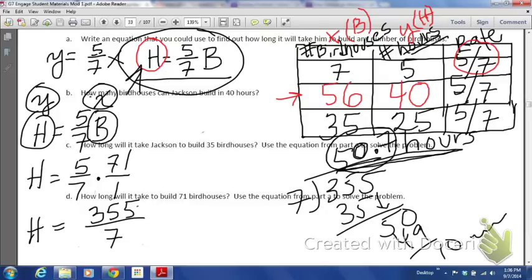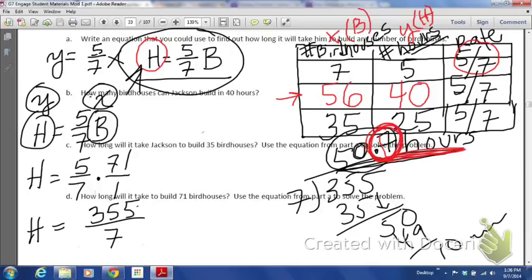Now 50.7 hours is indeed an answer, but when we're dealing with time, we want to be more specific. So this 0.7 here, this is what we need to work with. Some of you, hopefully all of you, would know how to figure out 0.7 or 7/10 of an hour. What we do is we take our hour and split it into minutes.